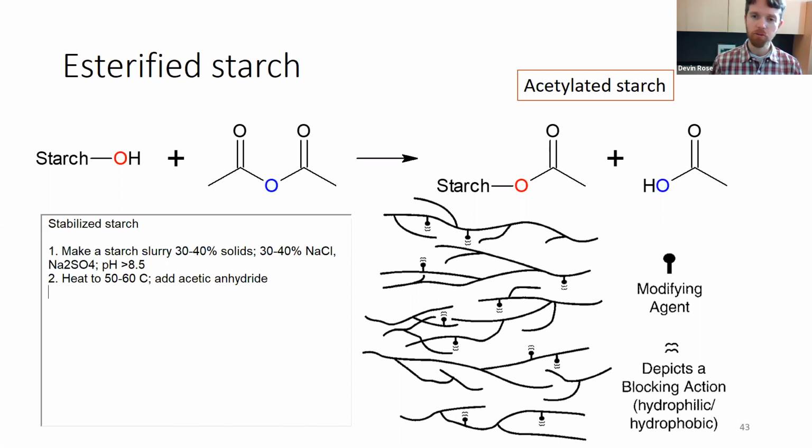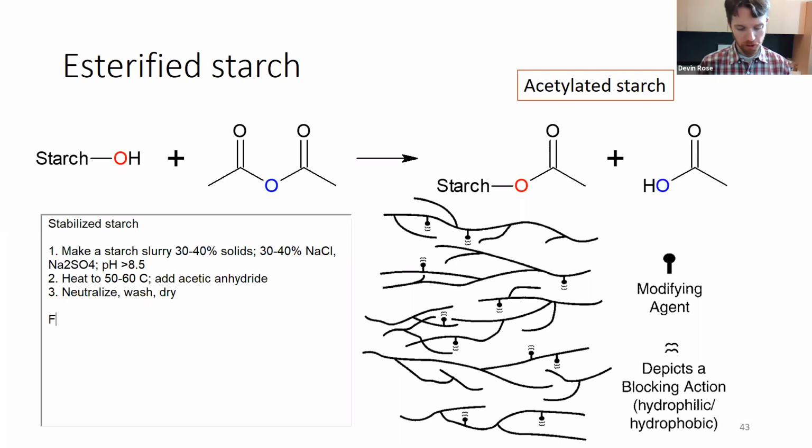And that's going to react for a period of time, depending on how many of these groups you want to add onto the starch. And then you're going to neutralize, wash it, and dry it. So that's how this starch is produced.